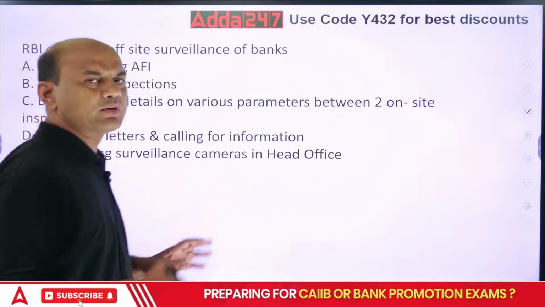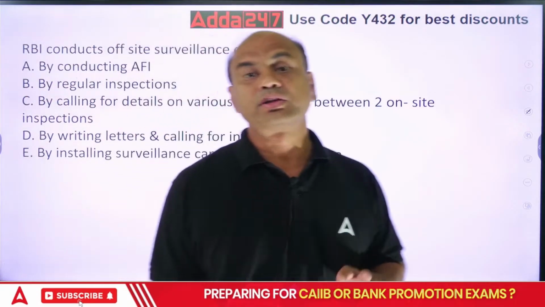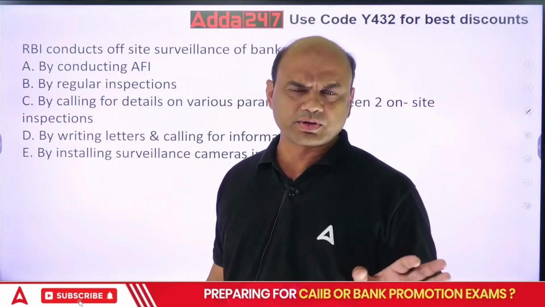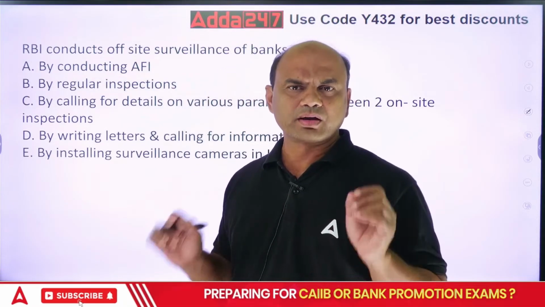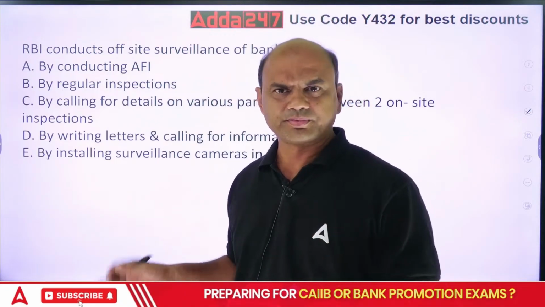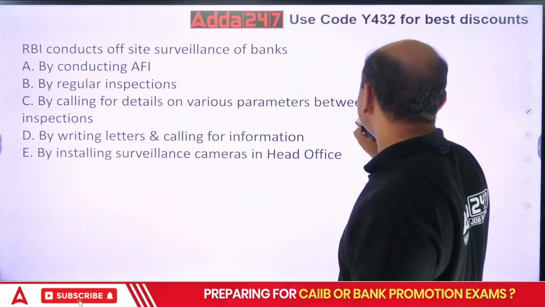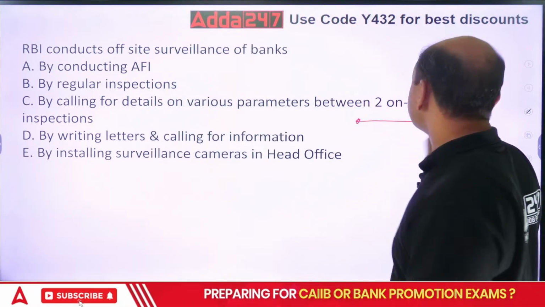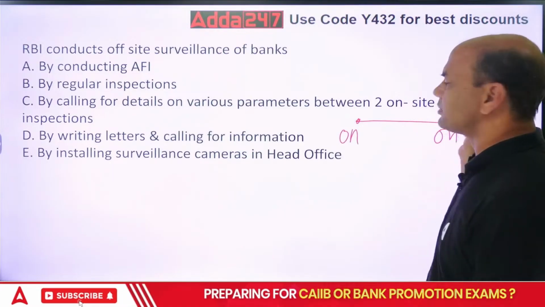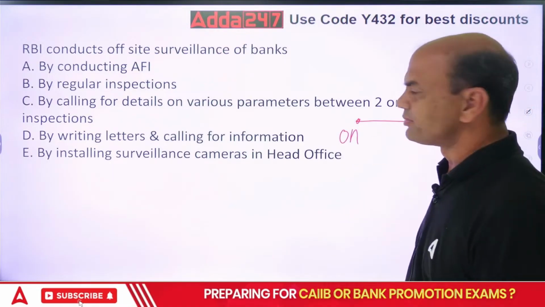Firstly, understand what on-site and off-site inspection is. RBI is very clear about it. RBI says there should be an on-site inspection per year for big accounts. On-site means directly going to the branch or the bank and doing the inspection.